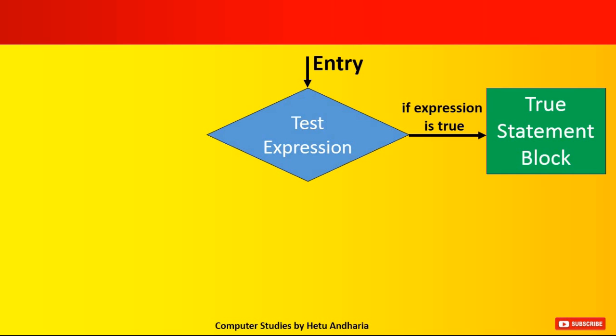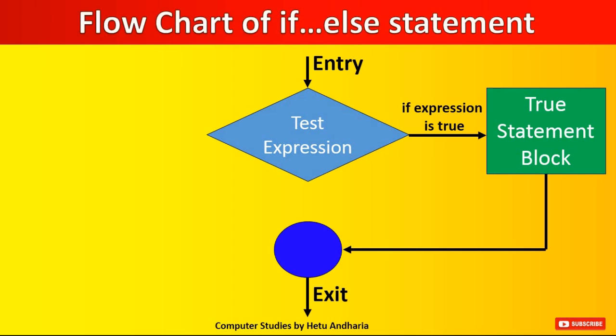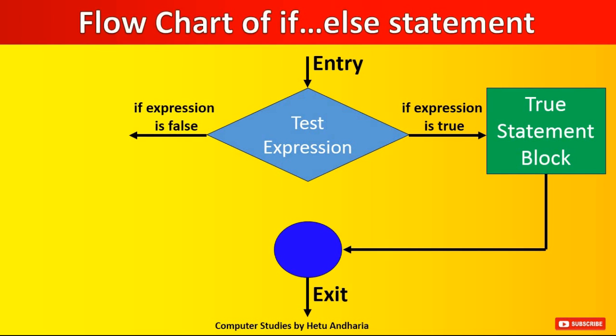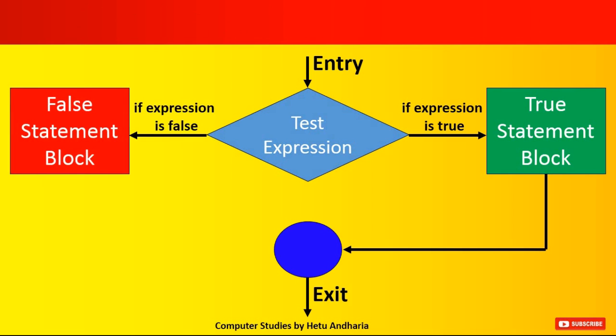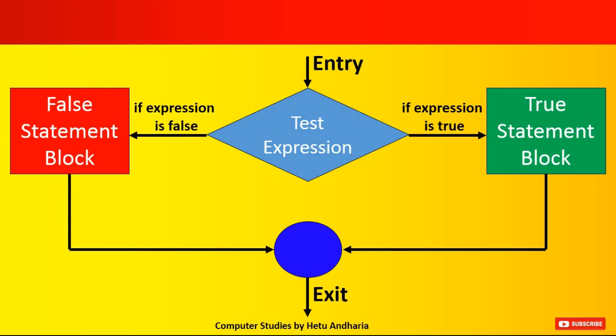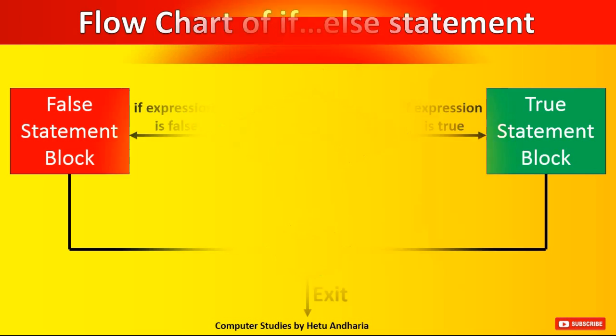And then next the program will come to an end, since after that we have not written any statements. Another possibility is if the condition becomes false, then whatever we have written in the false part, those statements will be executed, and finally the program will come to an end, that is, it will exit. So this is the flow chart of if else.